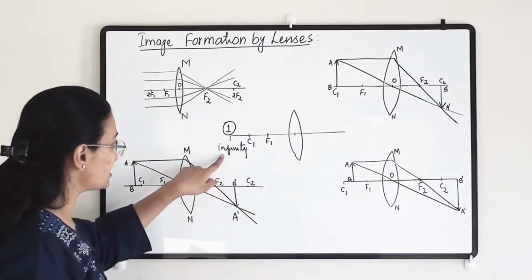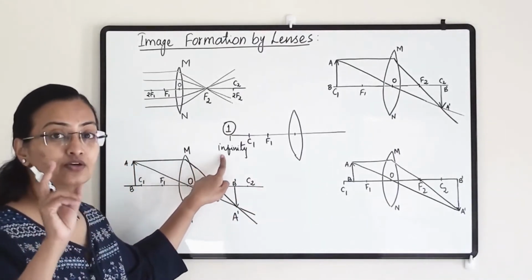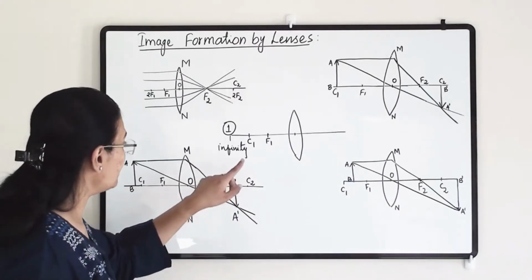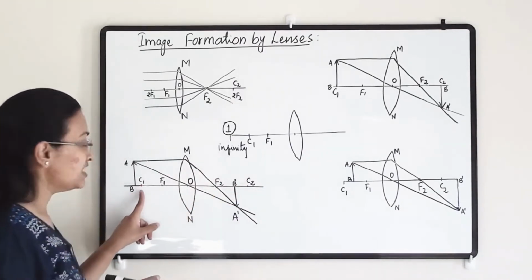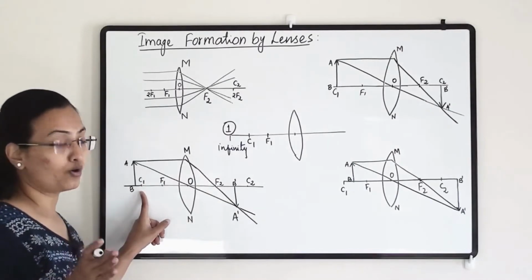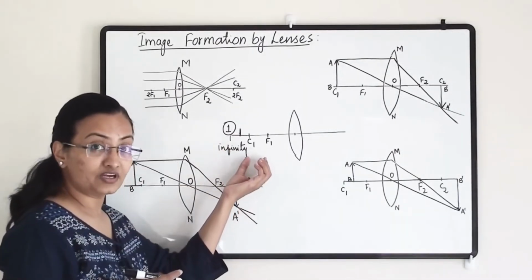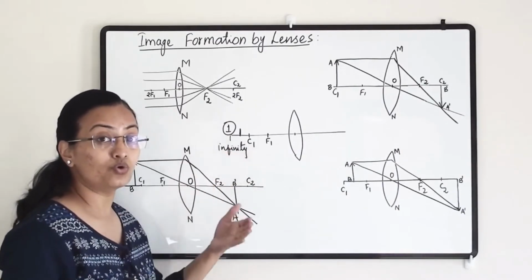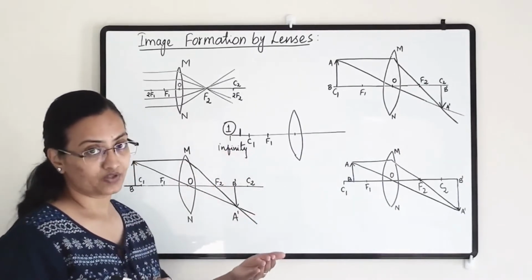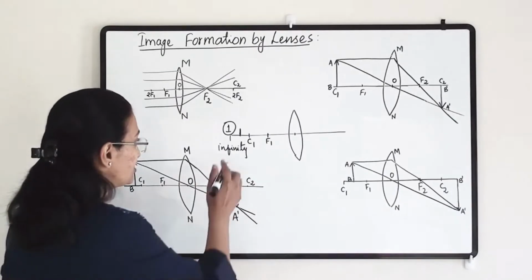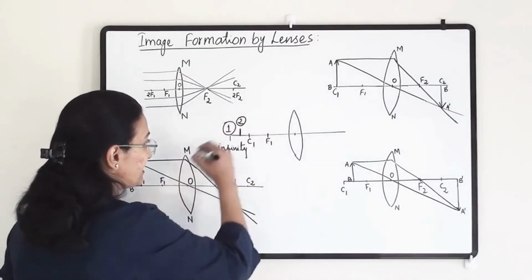So in the first case we place the object at infinity. Then we place the object near the center of curvature, in between infinity and the center of curvature, known as beyond C1. So this is going to be our second case.